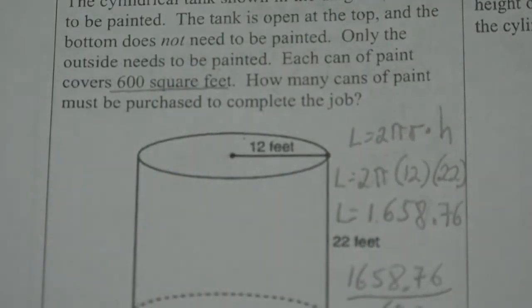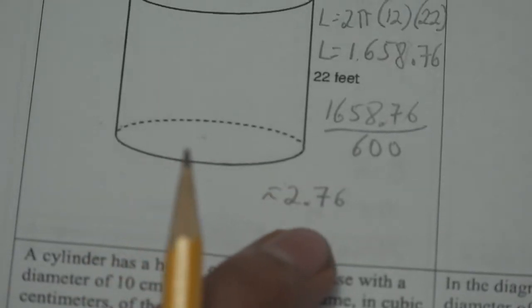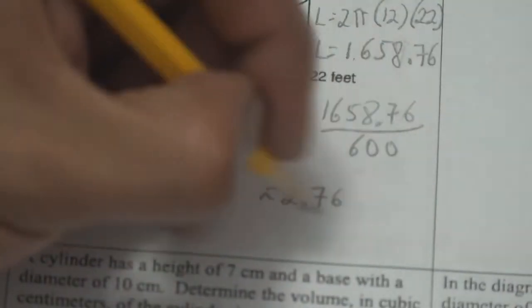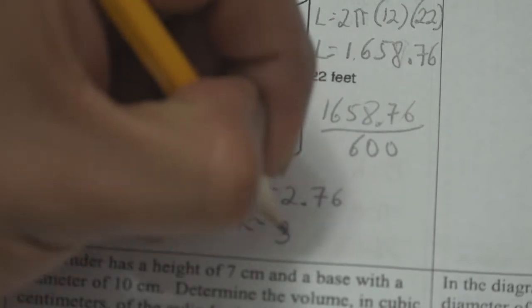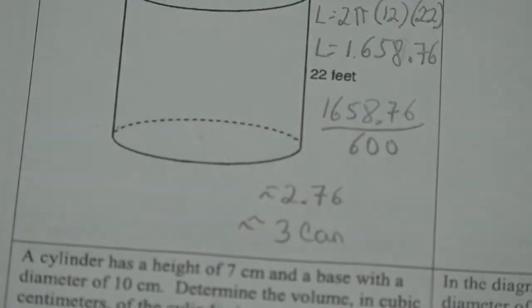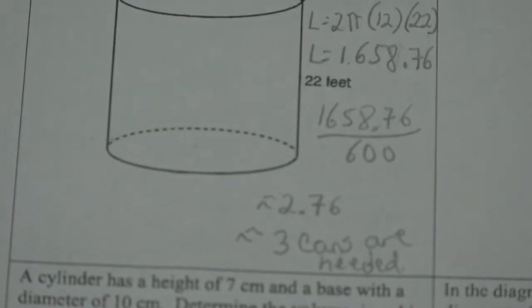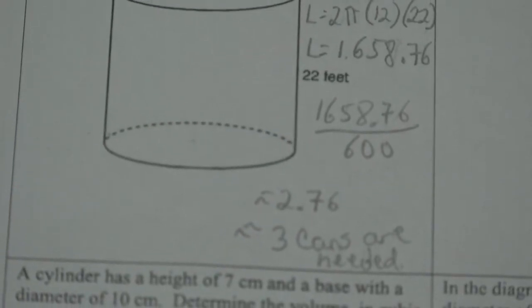Funny thing is that you're not gonna go somewhere and purchase 2.76 cans of paint. So then the correct answer is approximately 3 cans. Okay, 3 cans are needed, and that's it. Nice.